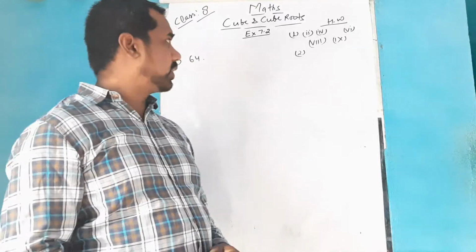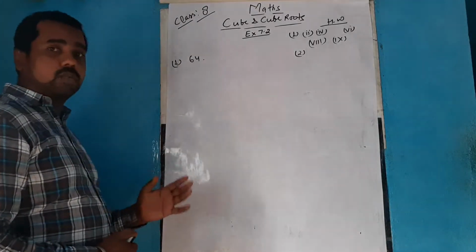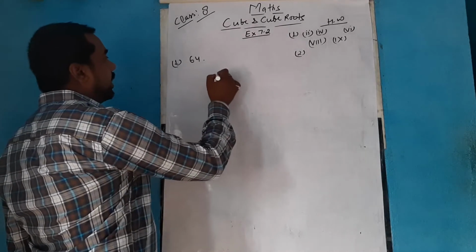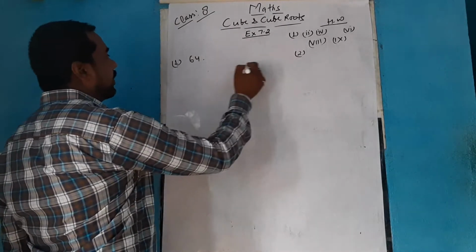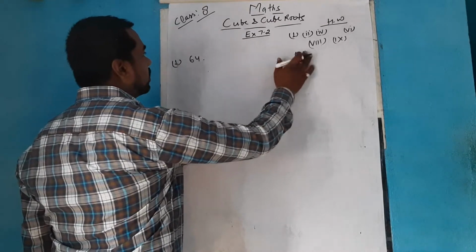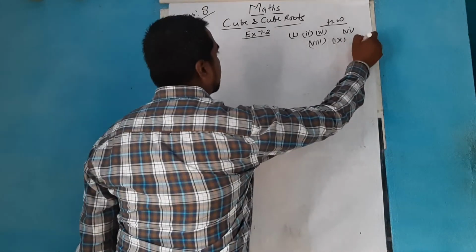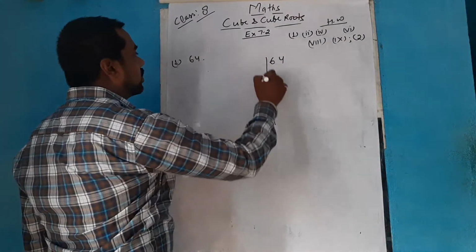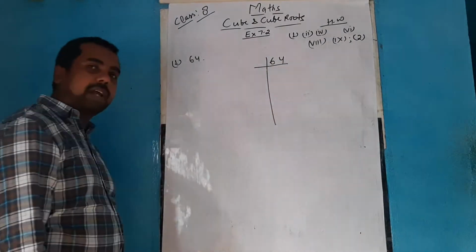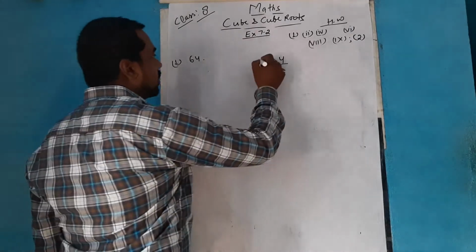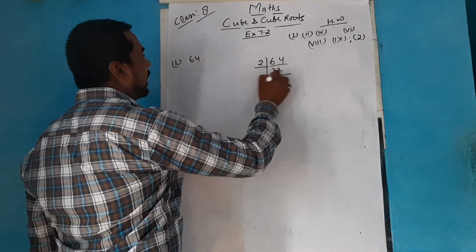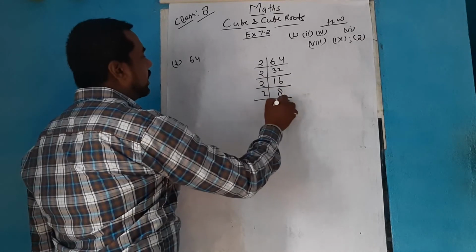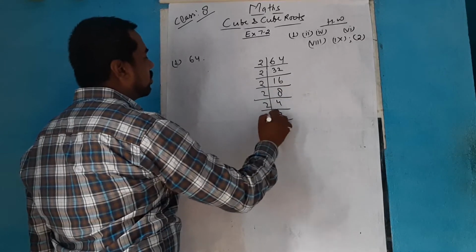So I am starting with the first question, which is for 64. First we'll find all the prime factors of 64. 2 divides 64 to give 32, then 16, 8, 4, 2 and 1.